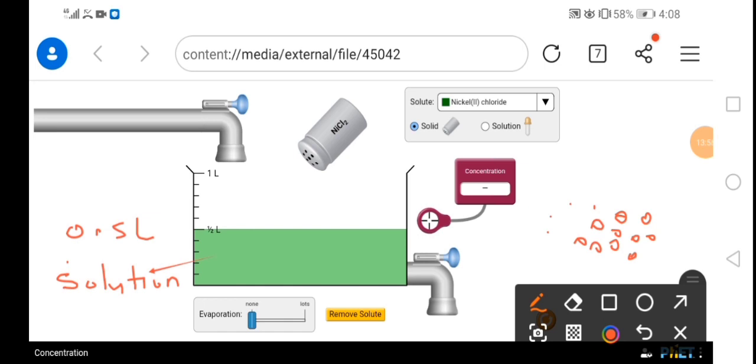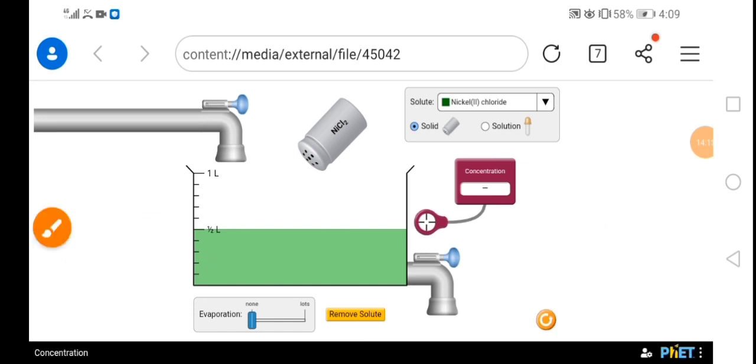Even after adding nickel chloride, the volume has remained the same. That is very important. And the concentration in this case, depending on the quantity I have added, is 1.338 mole per liter. Very important. I really wanted to explain this before I start doing calculations.